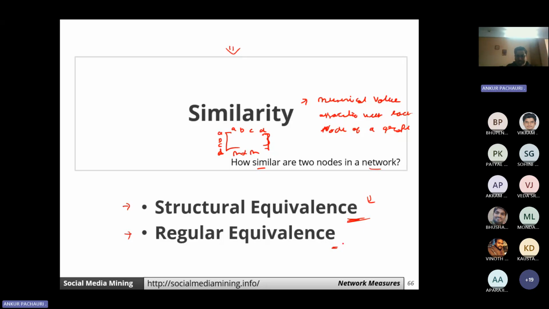The regular equivalence is something different. You might have encountered the same statement which I have made earlier: the person like you has watched this movie. Suppose the name is hidden, but if it is recommending me some movie by stating 'person like you', that person and I might not be connected together.